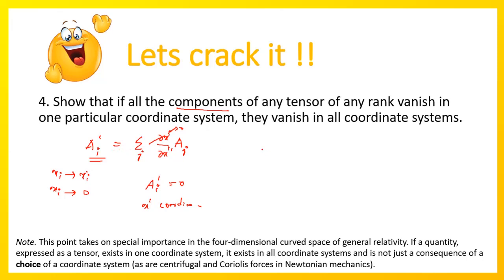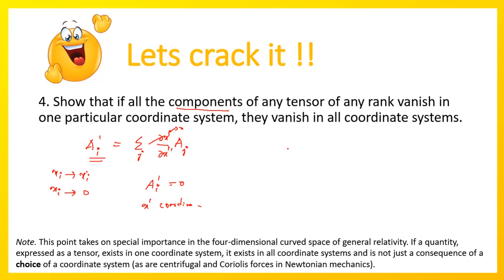We can also do this with a second order tensor. In a second order tensor, we have two direction cosines, and the component itself turns out to be 0. So this property is very important when we are dealing with general relativity, that is, when we are dealing with the Riemannian space, the Riemannian manifold.